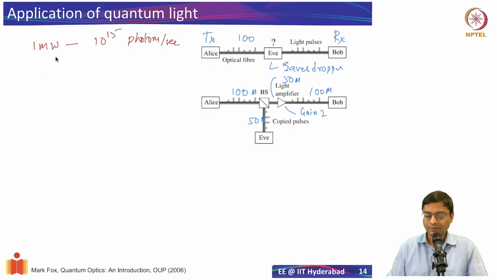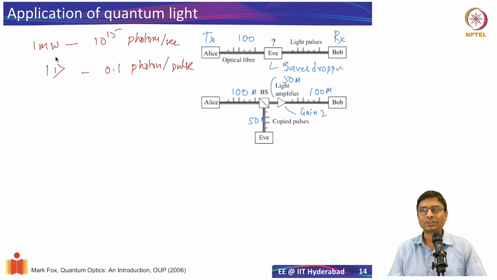Instead of that, I will use a quantum light source, which has maybe 1 photon. I'll send a number state, a quantum light with, let's say, 1 photon per pulse, or even 0.1 photon per pulse. Essentially I'm sending zeros and ones as pulses. If I don't send a pulse, it's a 0. If I send a pulse, it's 1. So I'll send very, very few photons in the pulse.